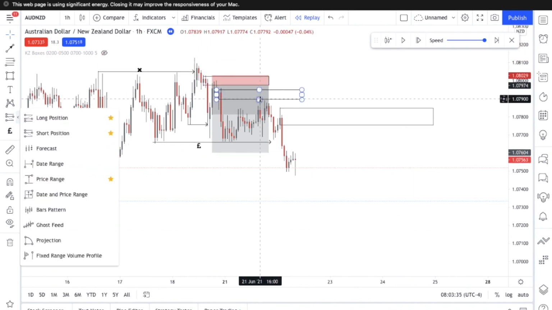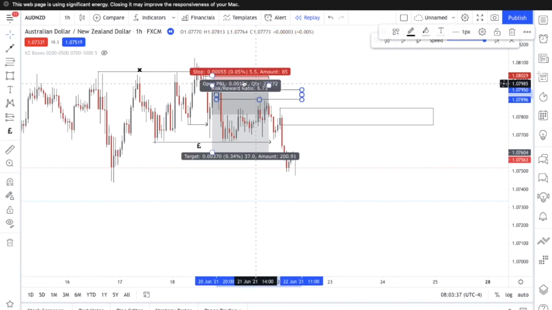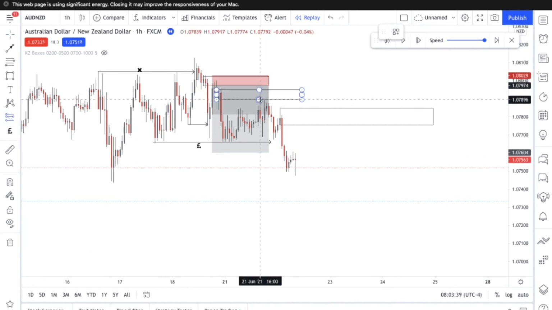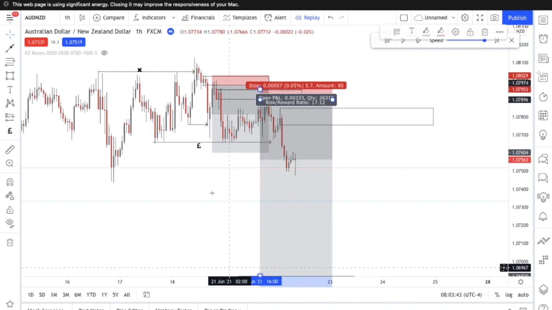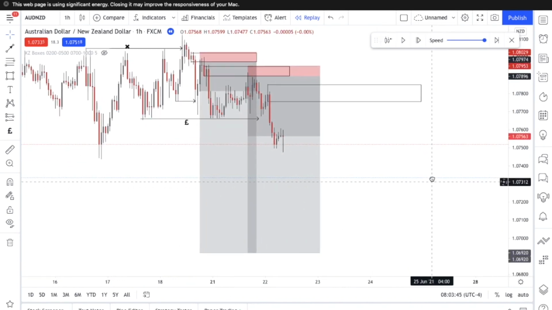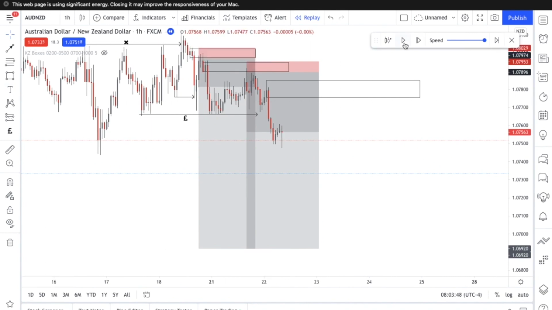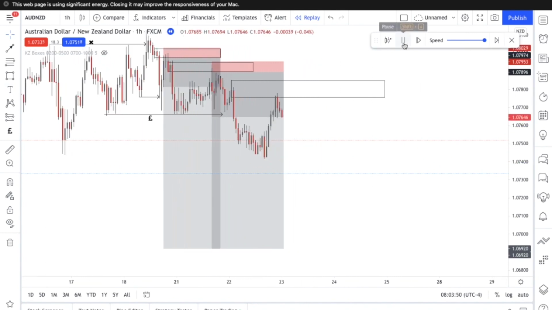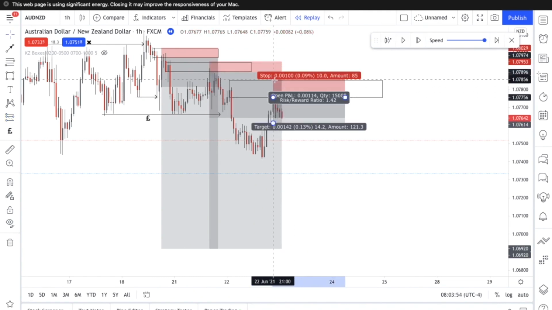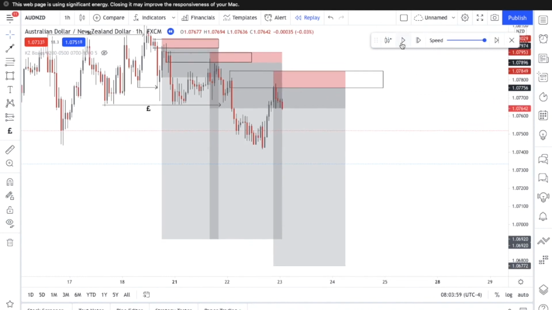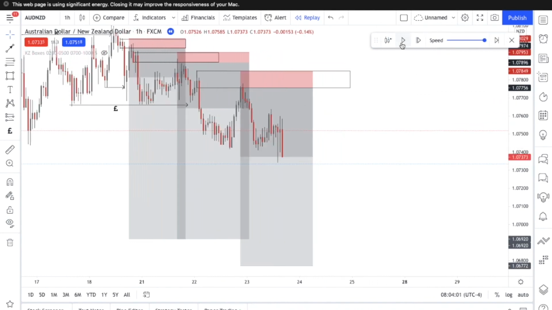That would have been your second entry right over here. Right, and we'll be looking to enter again off that supply right over here. Boom. And then price continues its move over to the downside.